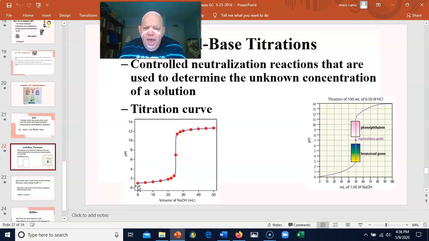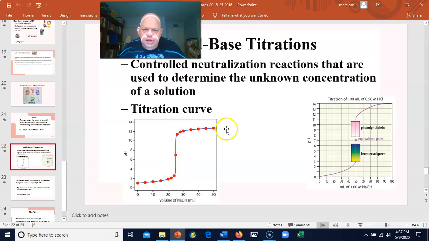So we're adding the NaOH, and you kind of notice the red dots. That's when we've been adding more and more, and that's when we stop to check to see, has it reached a neutralization point? And that's it right here. You can see, oh, look, you got this dot here, and then you got the remaining dots over here.